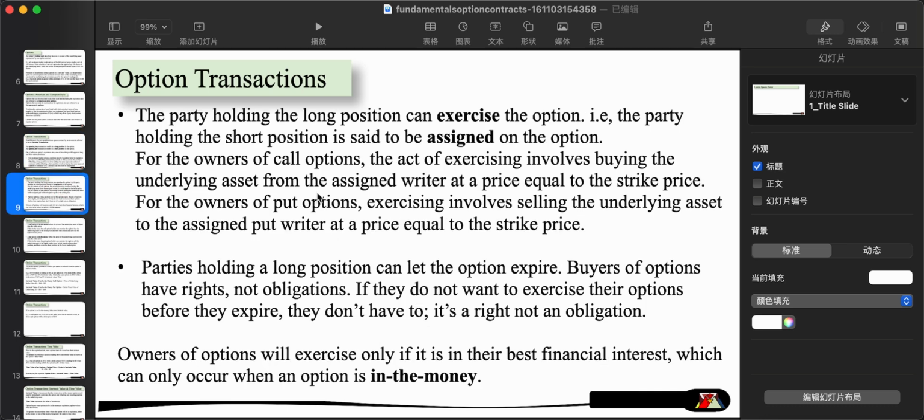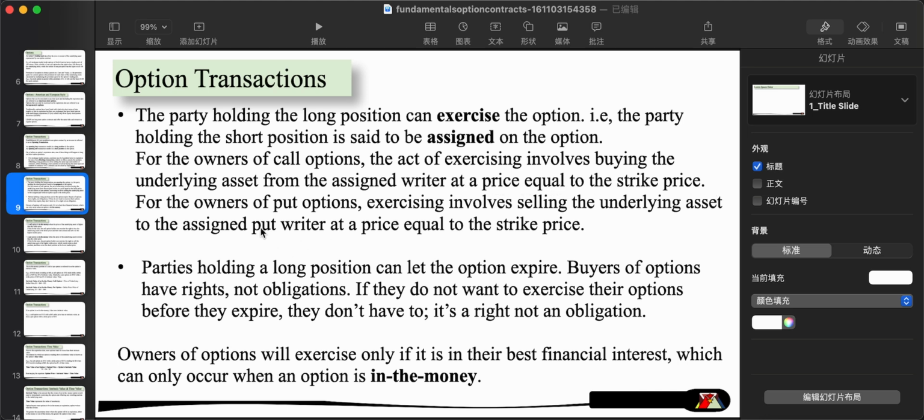The party holding the long position can exercise the option. The party holding the short position is said to be assigned on the option. For the owners of call options, the act of exercising involves buying the underlying asset from the assigned writer at a price equal to the strike price.